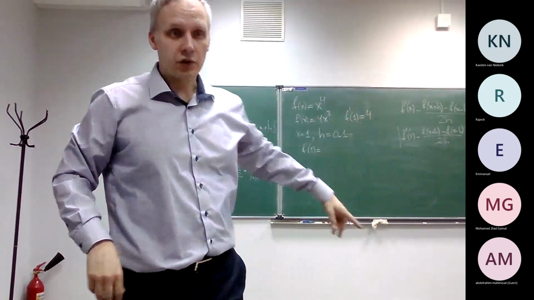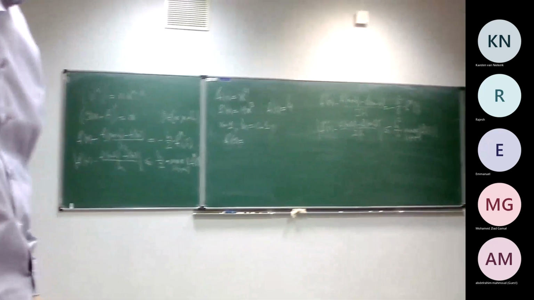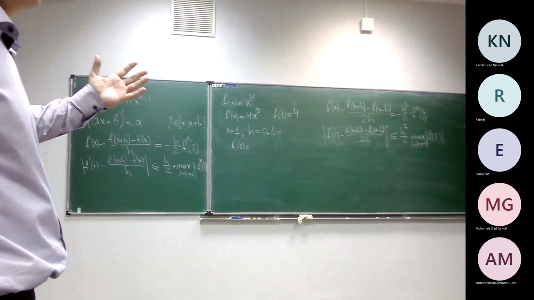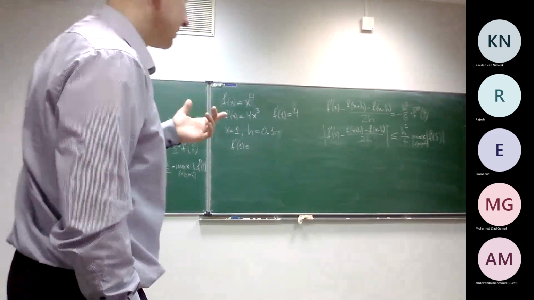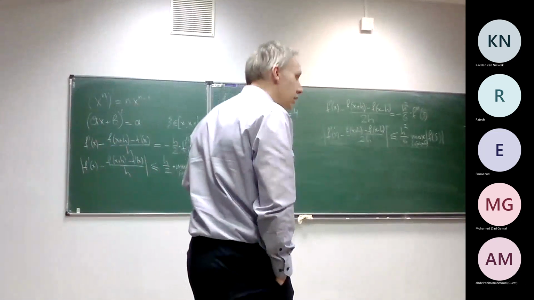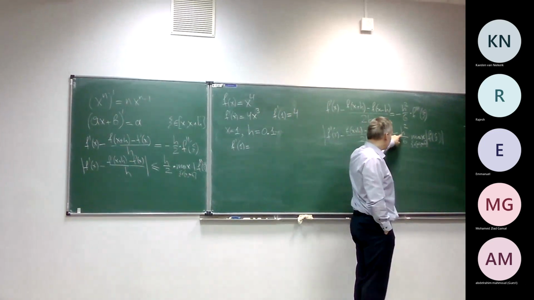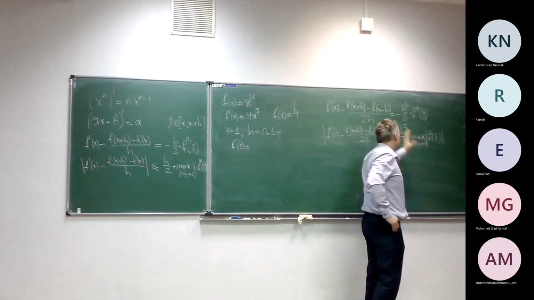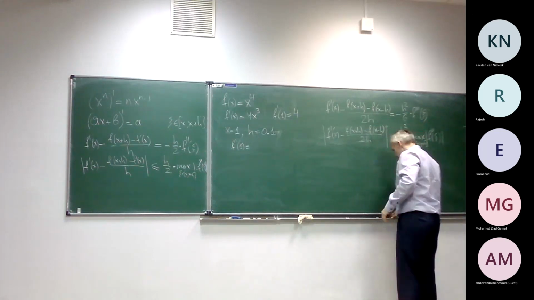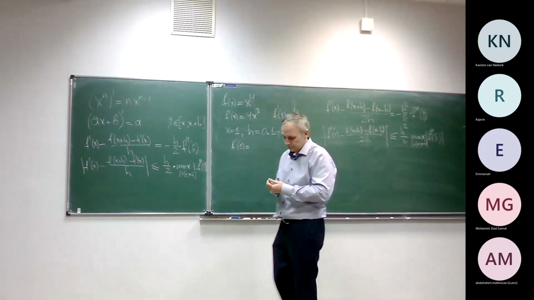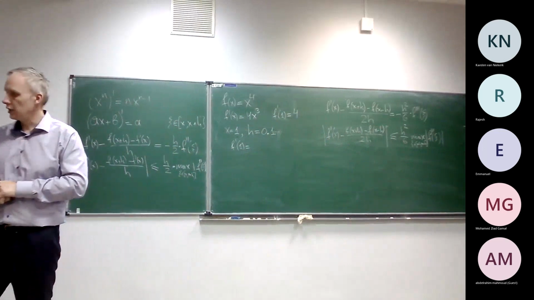Again, this formula shows us that if we subtract our approximation from the real value of the derivative, we'll get h squared over 6 times, sorry, I forgot to write the third derivative, of course. So the maximum value of the third derivative at the point c.